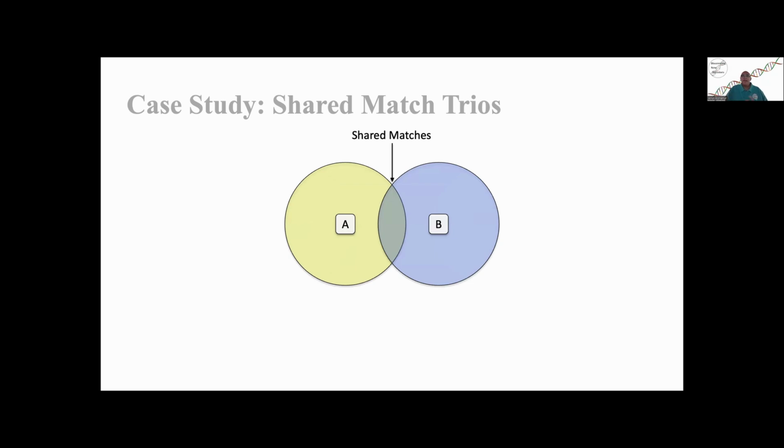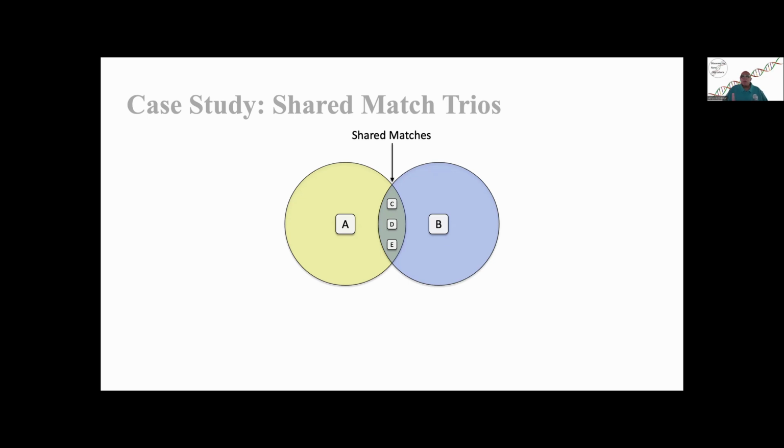We can refer to the DNA matches common to both A and B as shared matches. And these shared matches are other individuals who took a DNA test and just so happen to share DNA with both subject A and subject B. We can designate them as subject C, subject D, subject E, and so on, for however many people happen to match both subjects A and B. There could be just a few people who match A and B, or there could be hundreds.